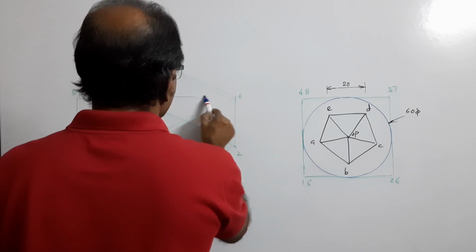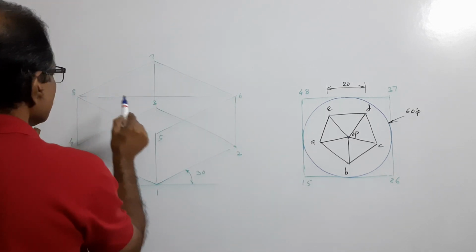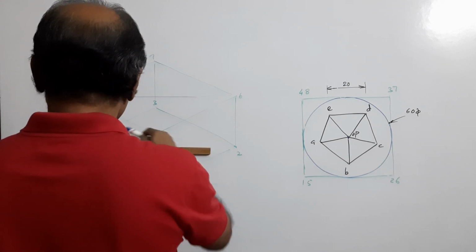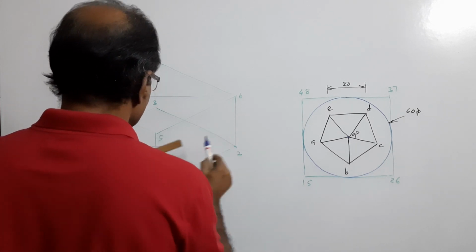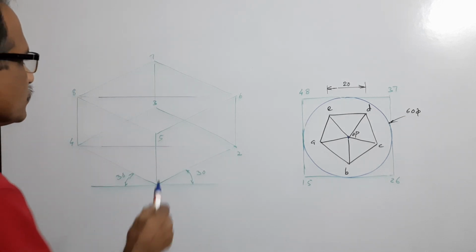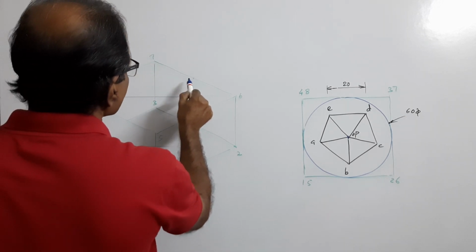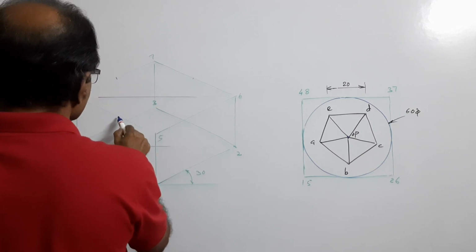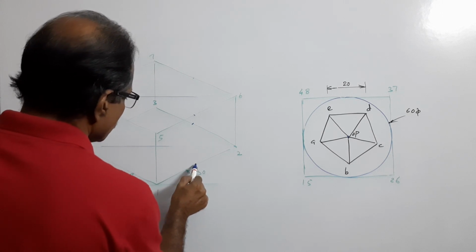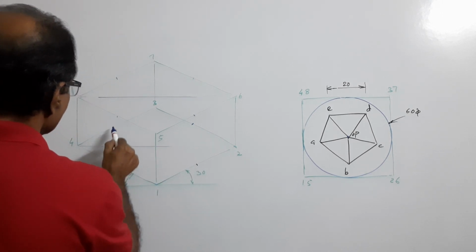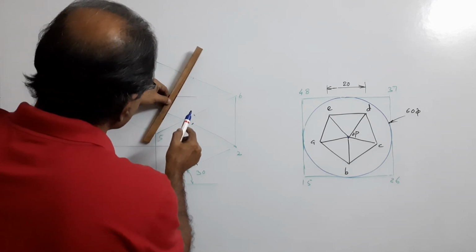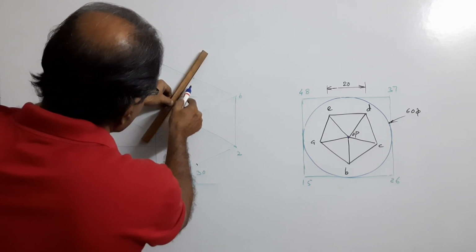We draw the larger diagonal at the top and bottom. I am drawing them very light. Get the centers of the sides. Join the obtuse angles to the centers of the sides.